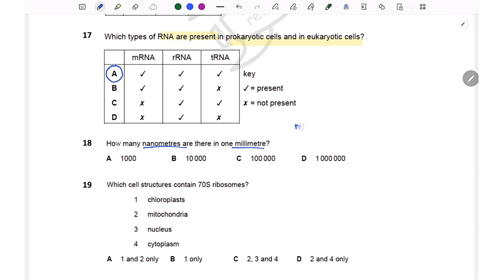You have millimeter, micrometer, nanometer. So in 1 millimeter, you're going to have 1,000,000. So that's 6 zeros, and this is going to be your answer.